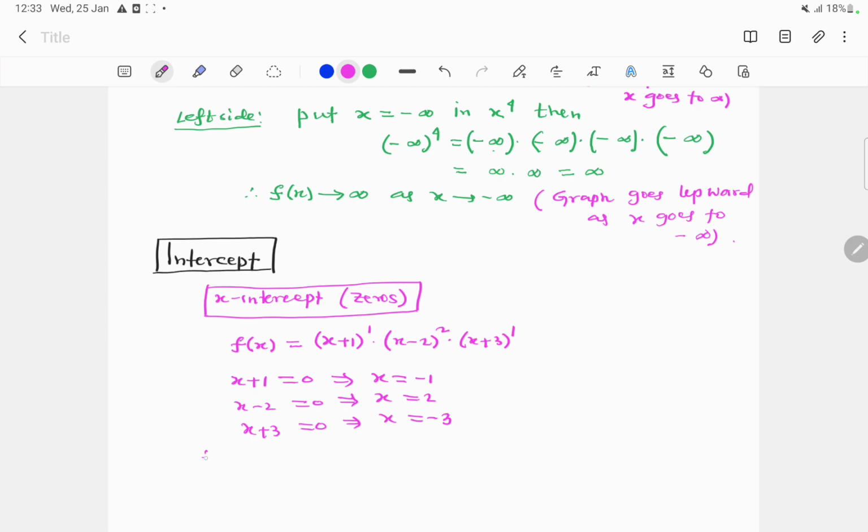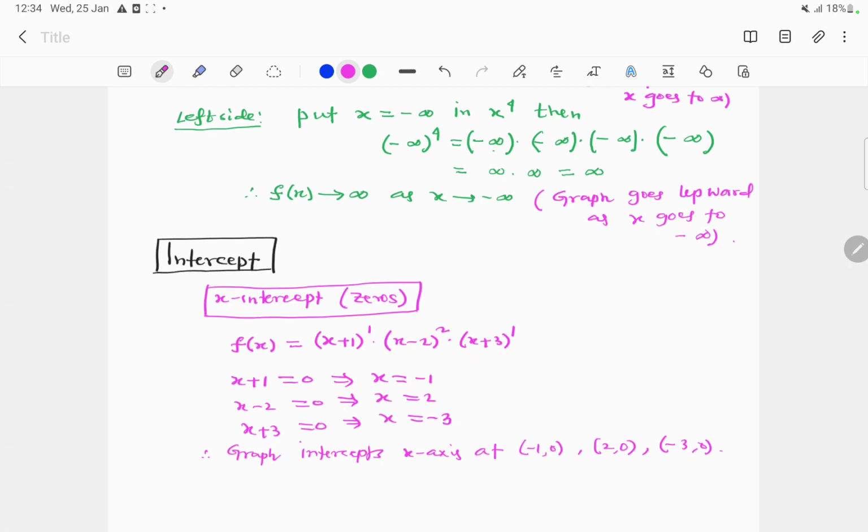So the graph intersects the x-axis at the points (-1, 0), (2, 0) and (-3, 0).